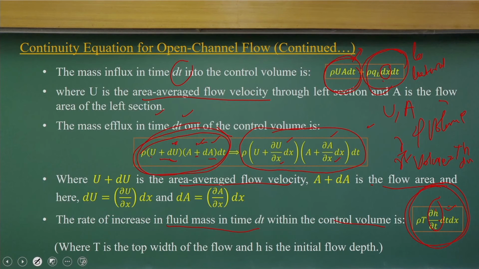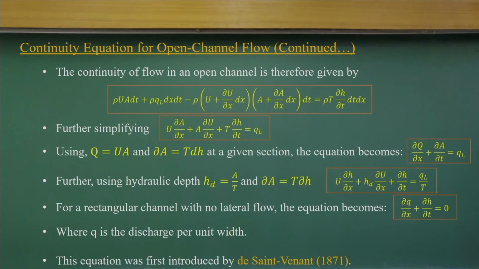That is the rate of change of the fluid mass in delta t time, which comes out to be this. So, I know the influx, I know the outflux, I know the change, I just have to equate them to get the basic equation.